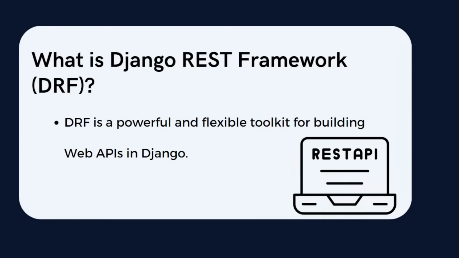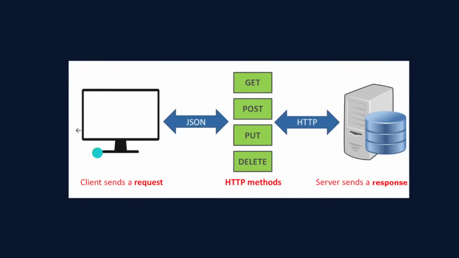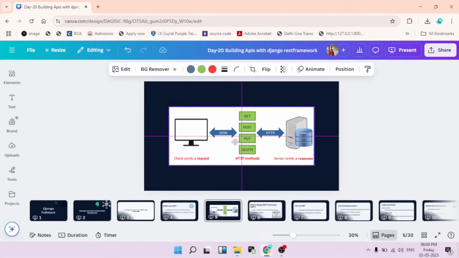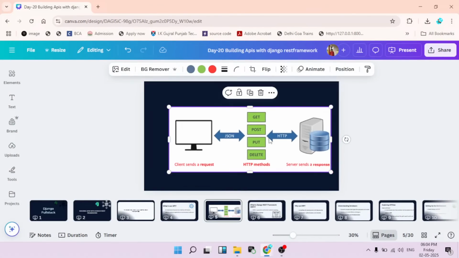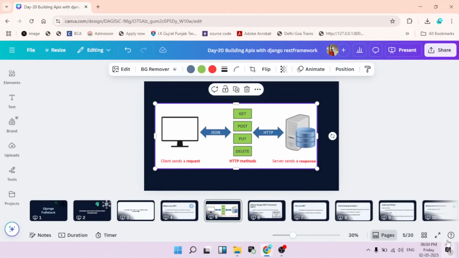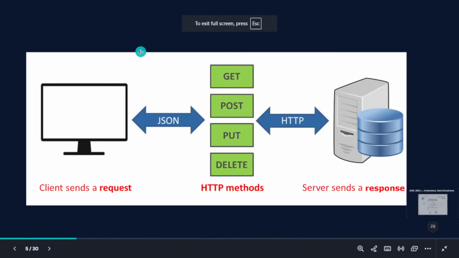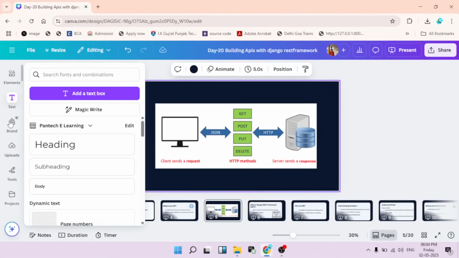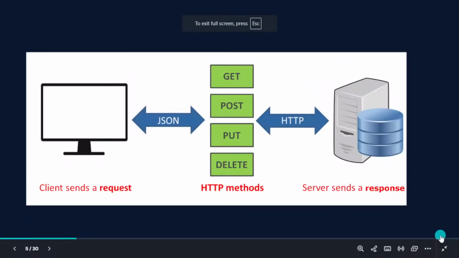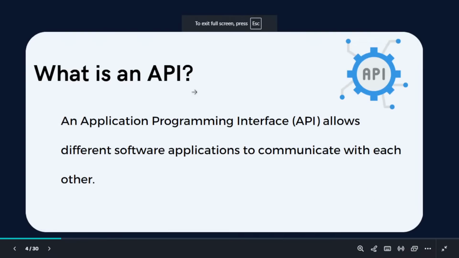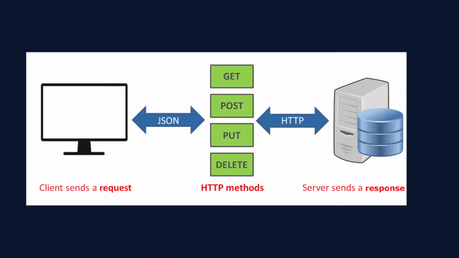Now we're going to learn what REST is. We already know what an API is. Now we're going to learn what a REST API is. REST is nothing but using only these methods.